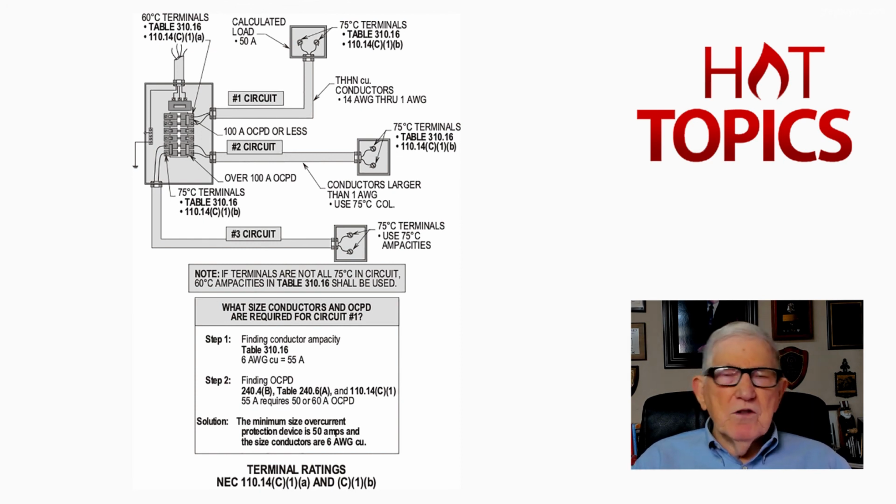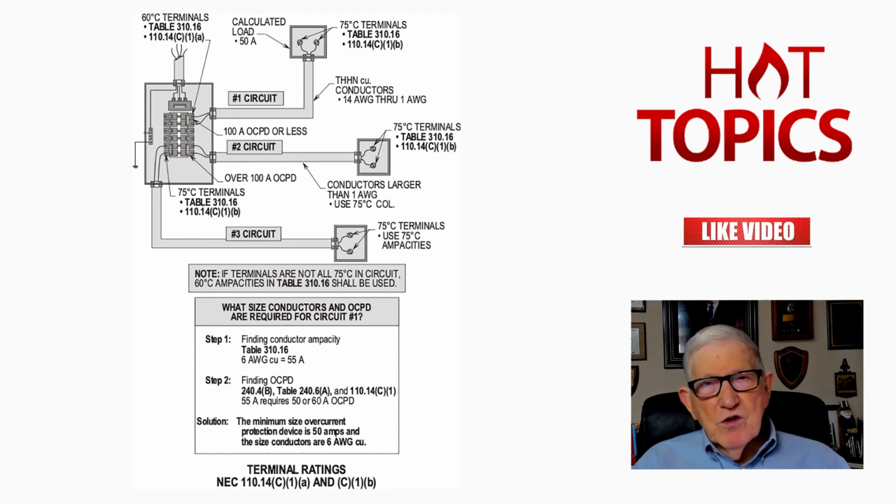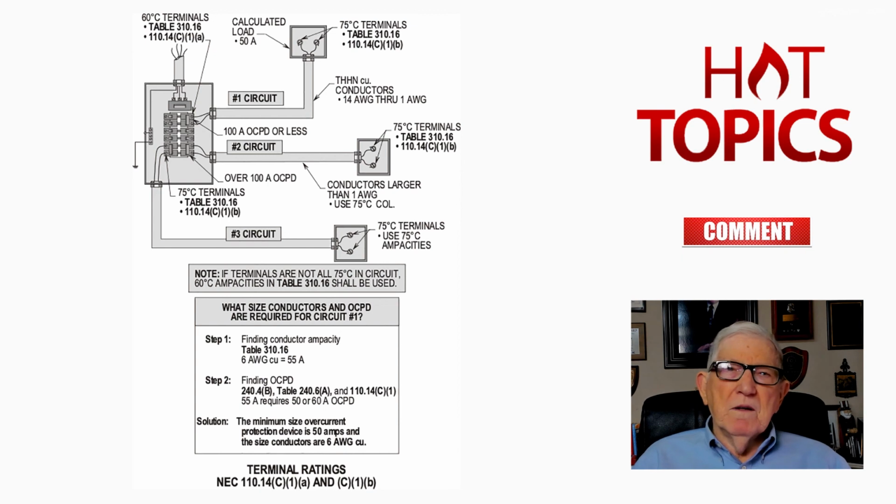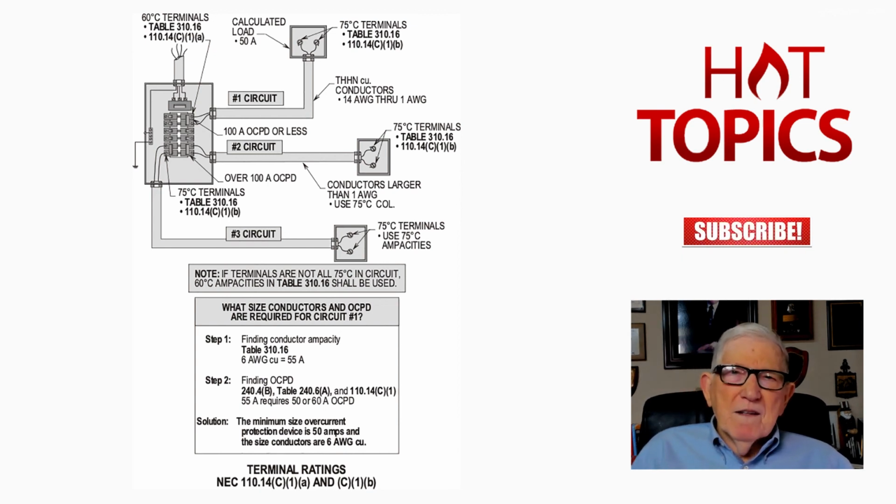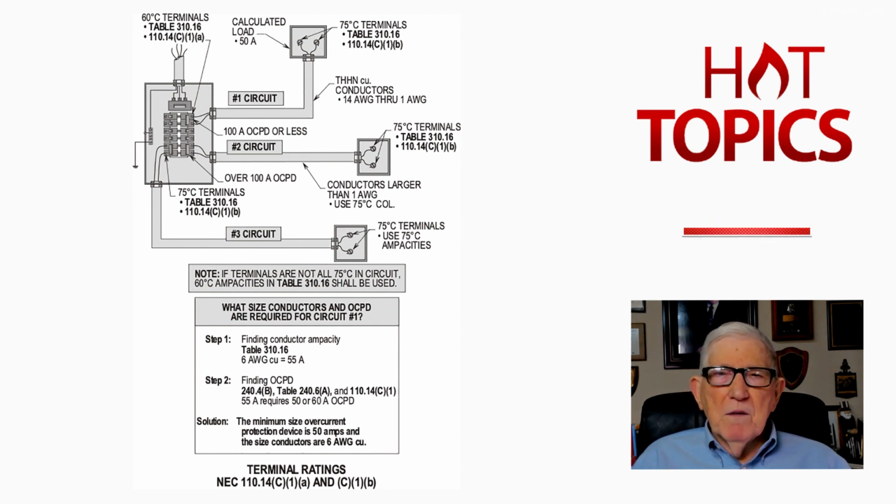And when you put these two illustrations together, that's about the best I think we could probably explain it, along with the code sections to back up what you see in the two illustrations. So I hope that explains that a little bit more. And I was told by 2 or 3 phone calls that I didn't go in depth enough on terminations, whether it's 60/75 or 75.